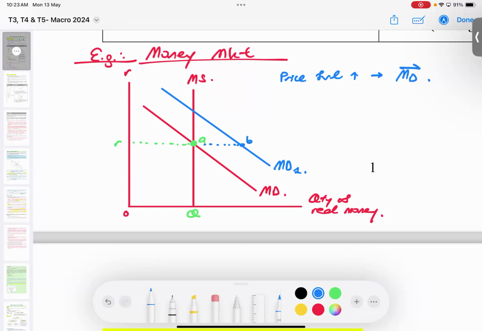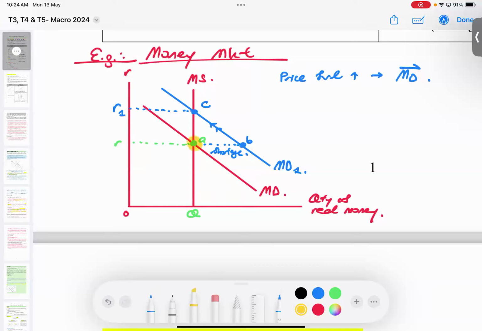Money demand, the blue color dots, is now more than money supply, which is still the green color dots. So there's a shortage of money, and that causes the equilibrium to move up to point C, which ends up at a higher interest rate. Do you realize one thing here?